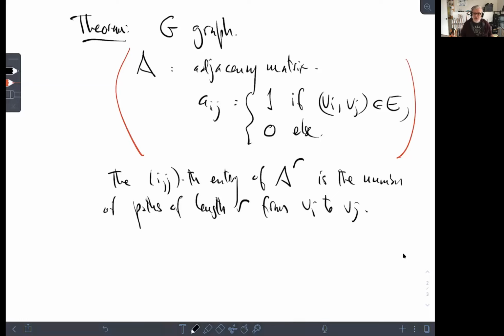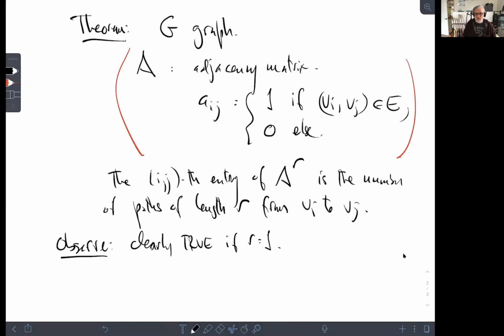Okay, first of all, observe. That's an easy observation. This is clearly true if r equals 1. The adjacency matrix has a 1 in entry ij if there's an edge between vi and vj.